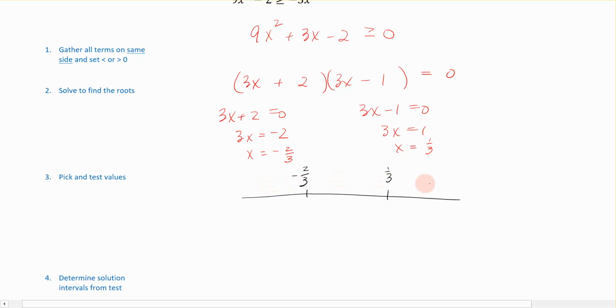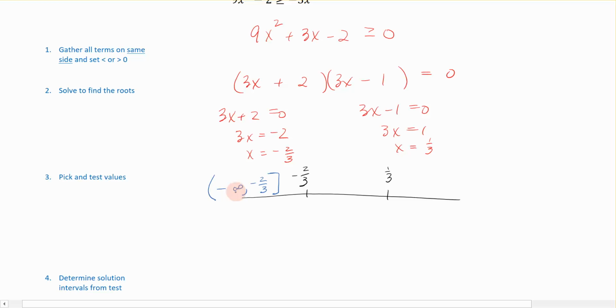Now, once I write my numbers on the number line, since ultimately I'm looking for what interval is going to give me a solution, I go ahead and write my intervals here on my number line just so that I don't forget them. If I'm to the left of negative 2/3, then I'm talking about values from negative infinity to negative 2/3, and because the symbol in my original statement is this, I can use a bracket.